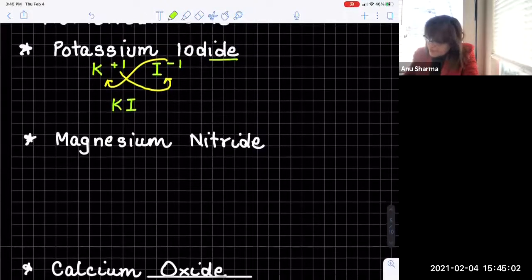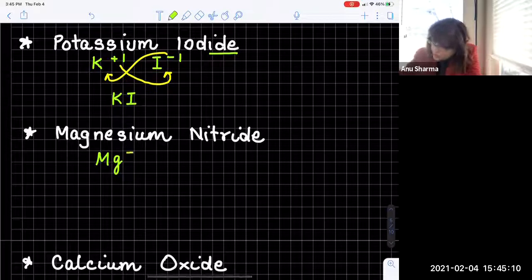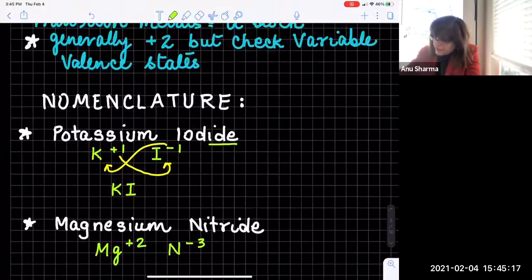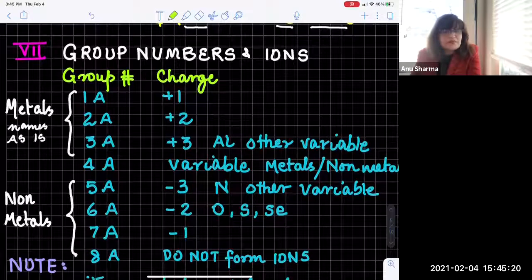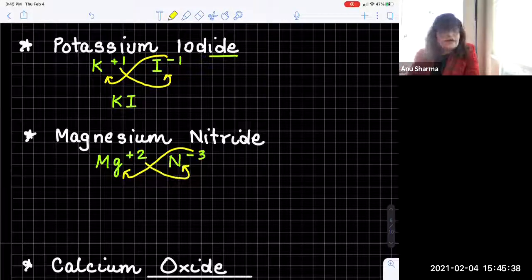Magnesium. So here is your magnesium, Mg. Magnesium belongs to group 2A, charge +2. And nitrogen, group 5A, charge -3. Remember, we covered these in this table. Now, all you're doing is crisscrossing, which means that you bring this 3 over here as a subscript for magnesium, and this 2 goes as a subscript for nitrogen.